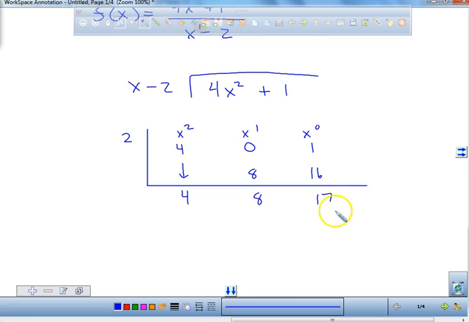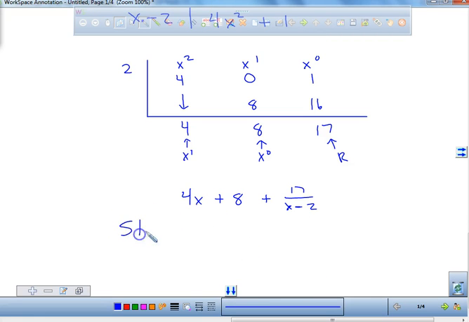I want you to understand the remainder right here, we really don't even need to worry about it. Here's what we need to worry about. This represents the x to the firsts. This represents x to the 0. So x minus 2 went into 4x squared, 4x plus 8 times, with the remainder of 17 over x minus 2.